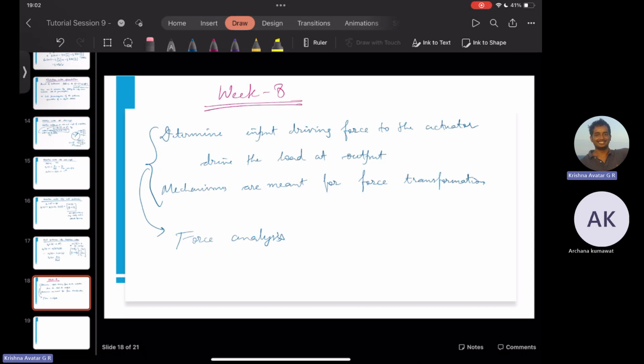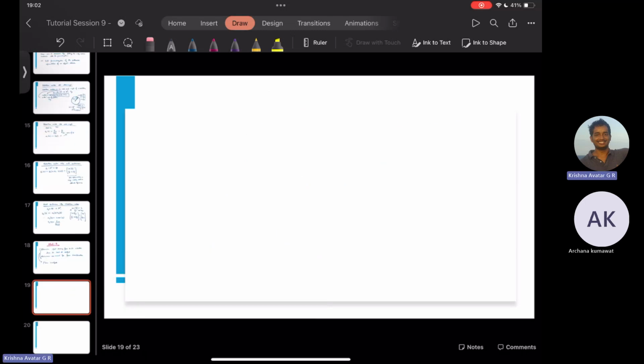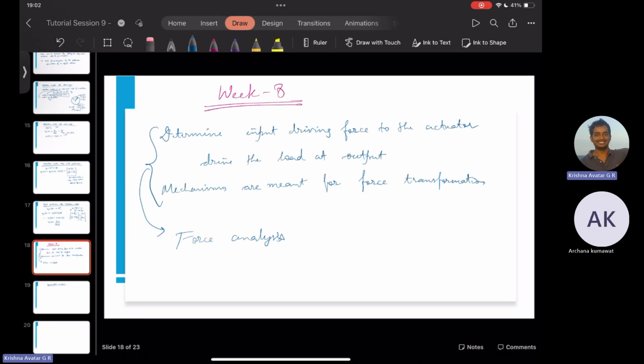Now, here we are doing a quasi-static analysis. Quasi-static analysis. The goal is to estimate the actuator forces, torques, right?